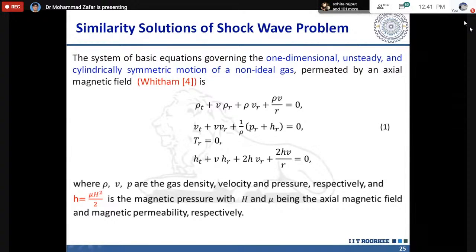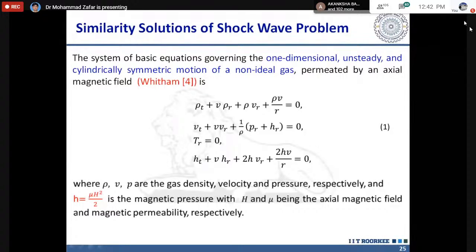In this system, the first equation is the equation of conservation of mass, similarly conservation of momentum is the second, and this is the equation for temperature T, where there is no difference with respect to R. Also the fourth equation is given by the magnetic field.